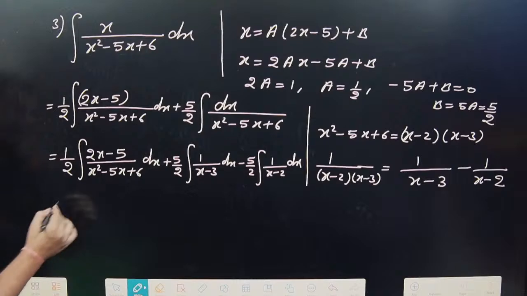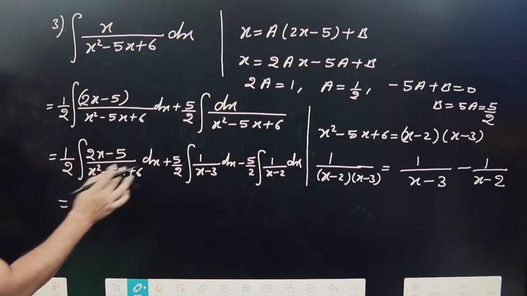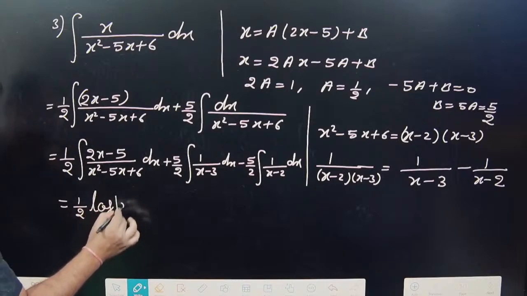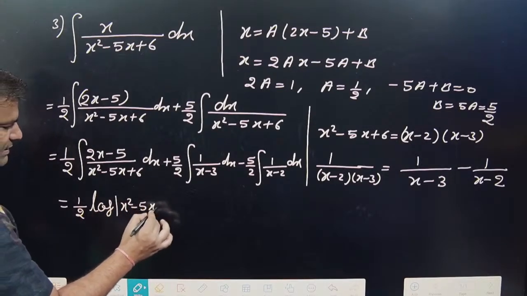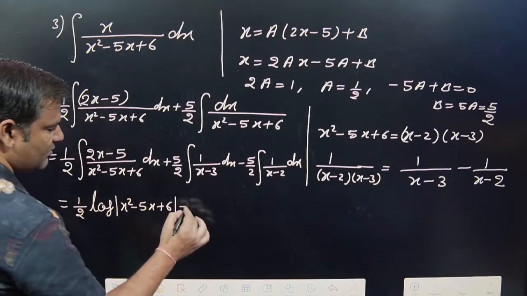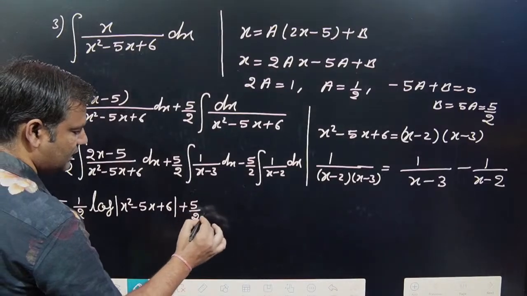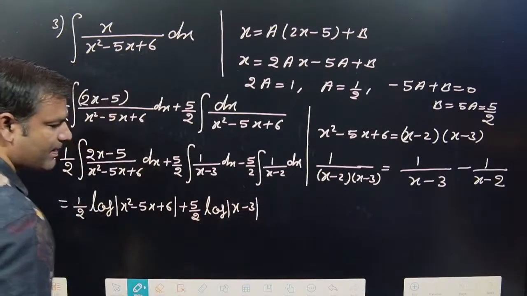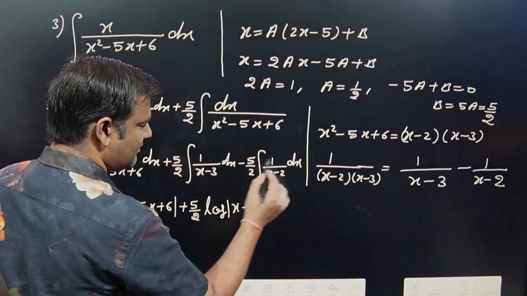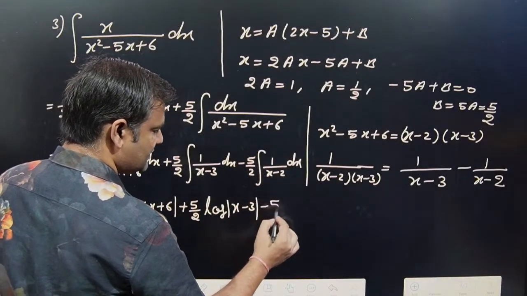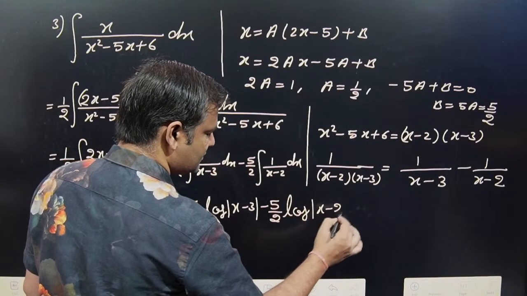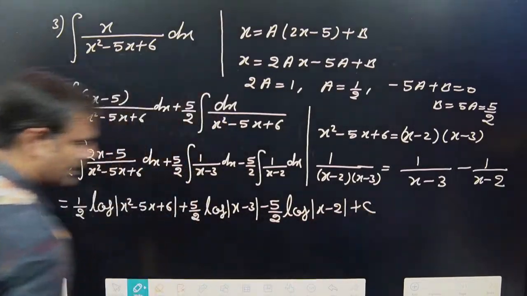Okay, then what about that value? 1 by 2 into log of modulus of x square minus 5x plus 6, plus 5 by 2 into log of modulus of x minus 3, and here minus 5 by 2 into log of modulus of x minus 2 plus c.